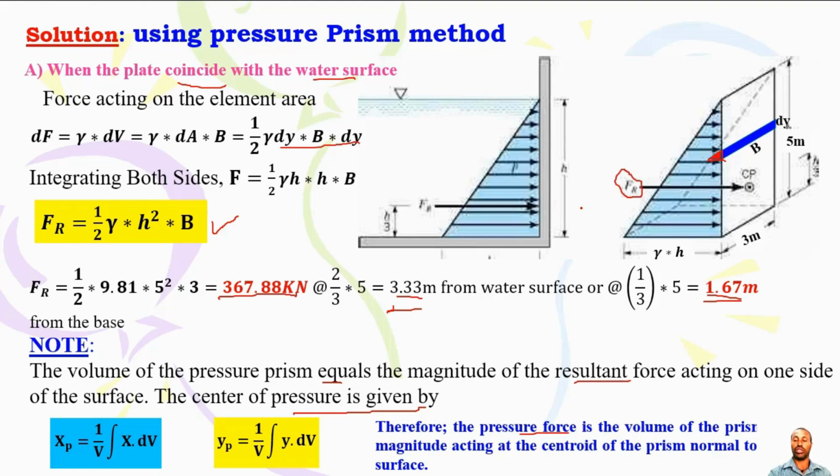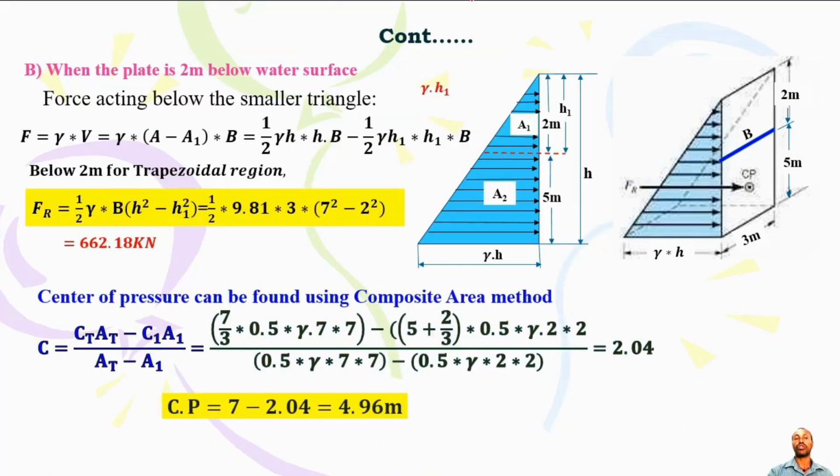So how do you compute? Let us see, if it is below 2 meters. When the plate is 2 meters below the surface, then you have some equation: force is gamma times volume, then gamma times A minus A1. A is the total area, and if you subtract A1, then from this you can find the location.